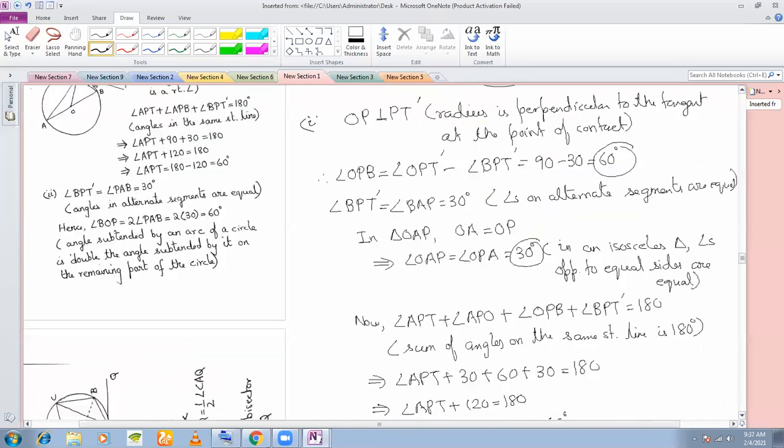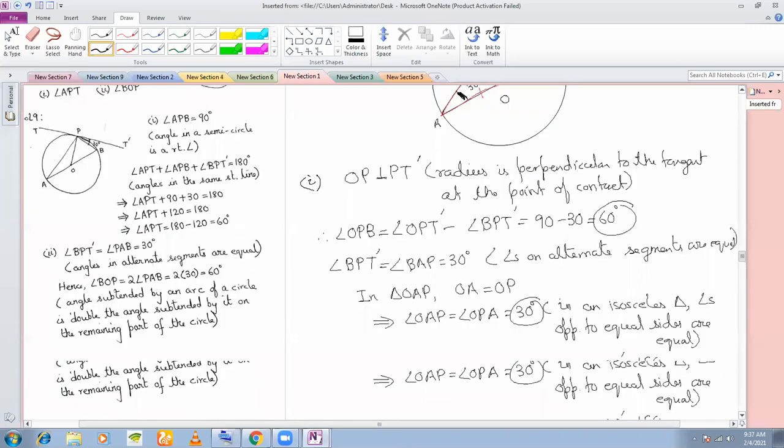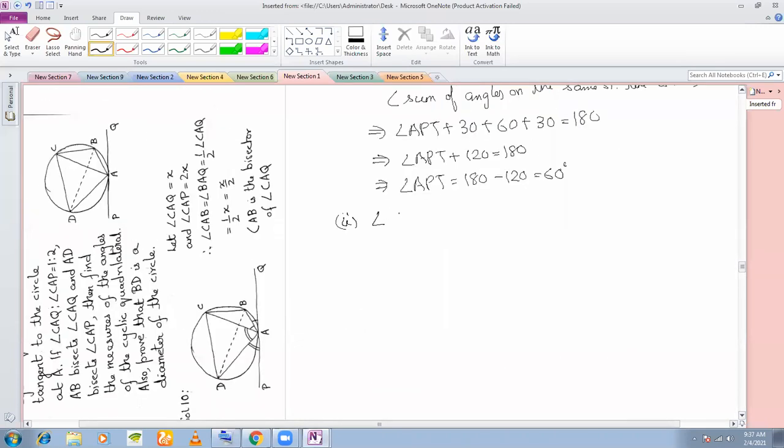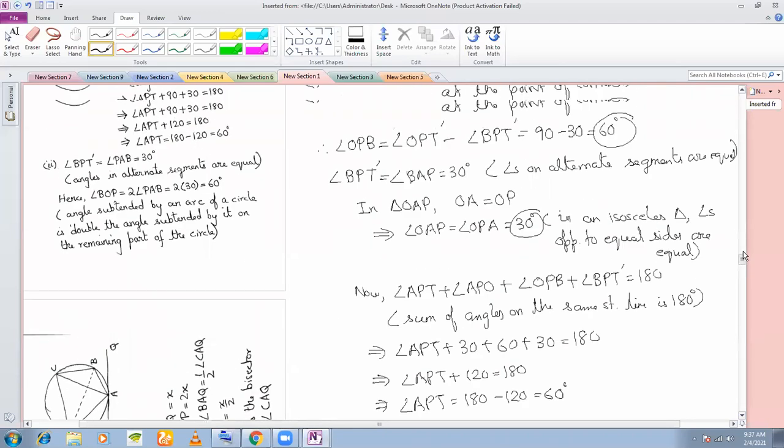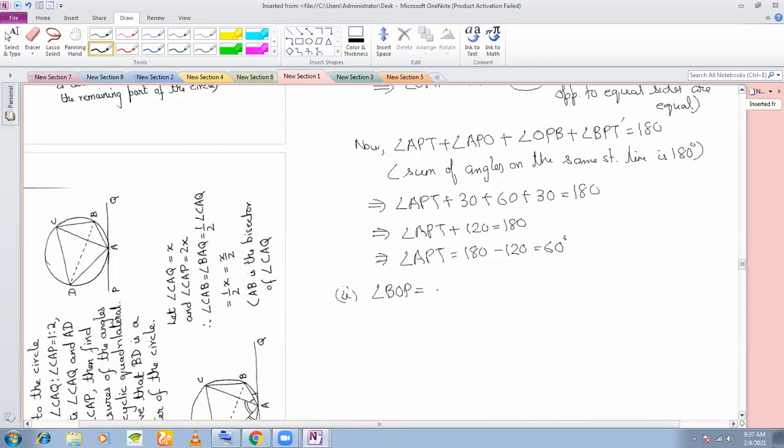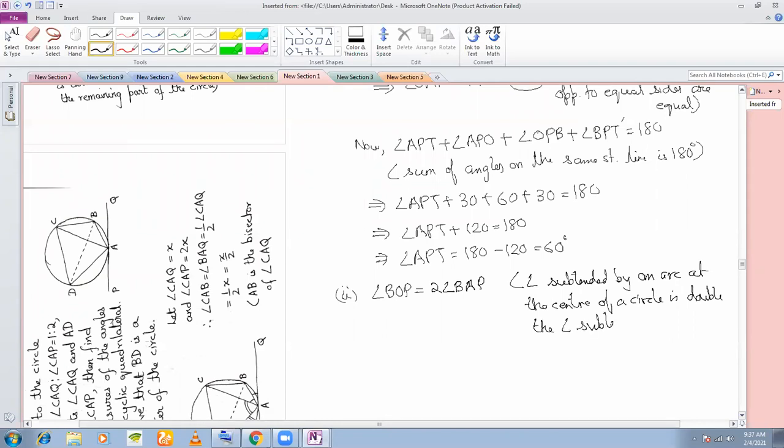So the second part: angle BOP is equal to twice angle BAP, because the angle subtended by an arc at the center of a circle is double the angle subtended by it on the remaining part of the circle.